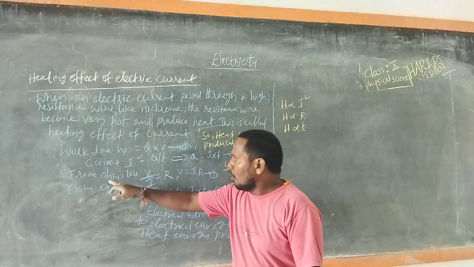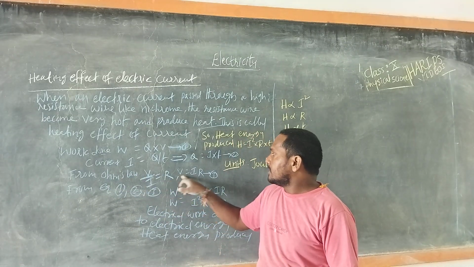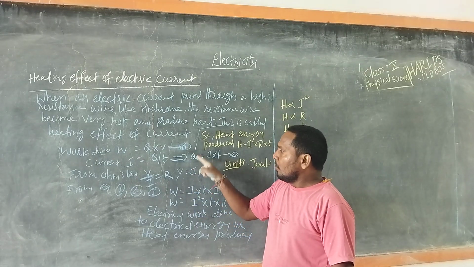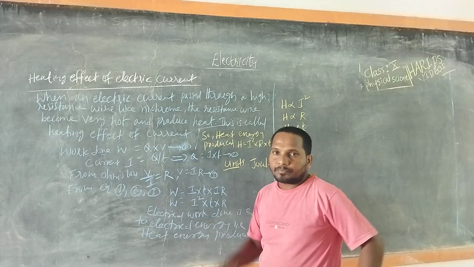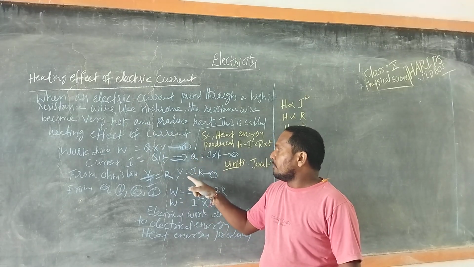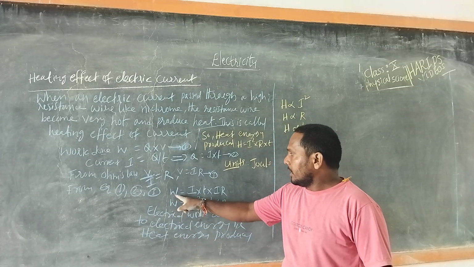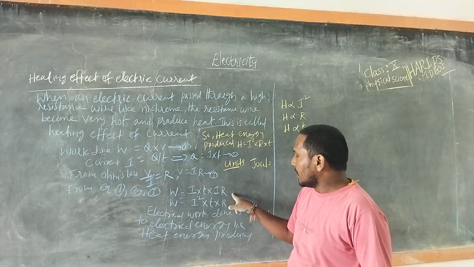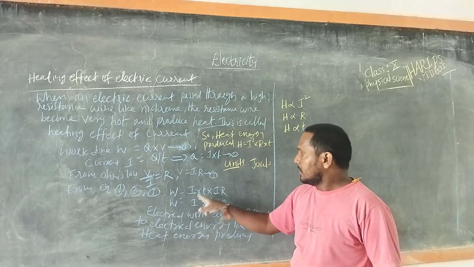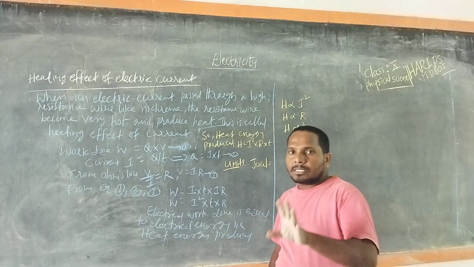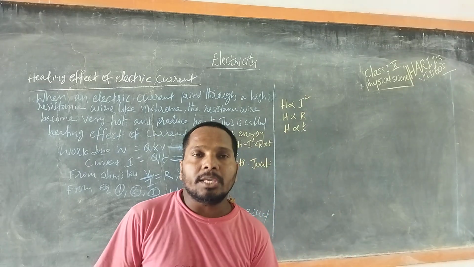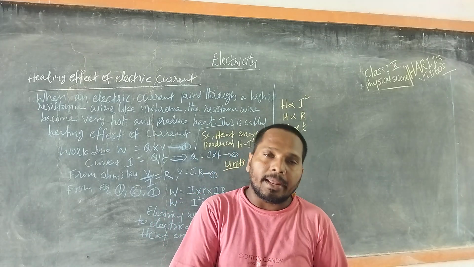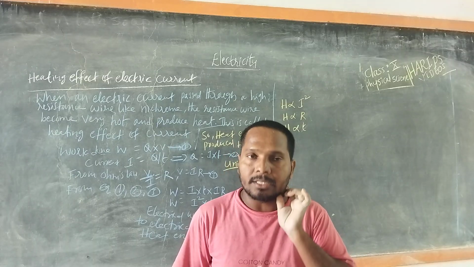As we know from Ohm's law, V is equal to IR. Substitute this Q and V in equation 1. You get W is equal to Q, meaning I into T, into V, meaning IR. So W is equal to I square R T. This electrical work done is equal to the amount of electrical energy, and this amount of electrical energy is converted into heat energy.